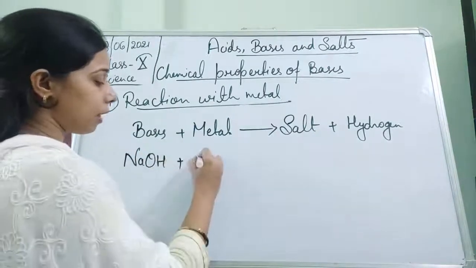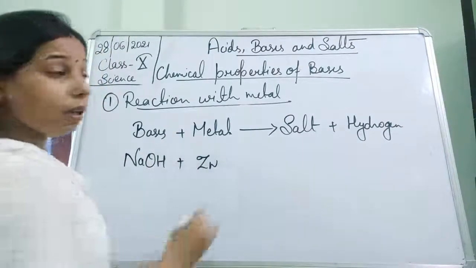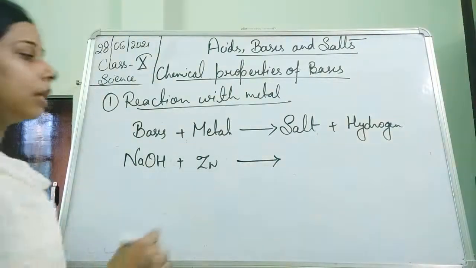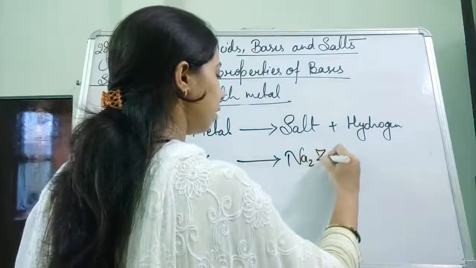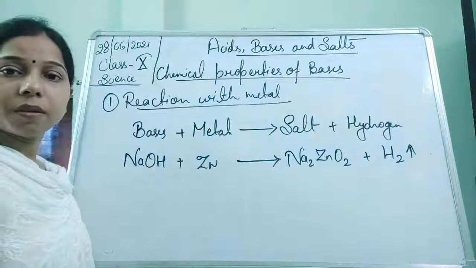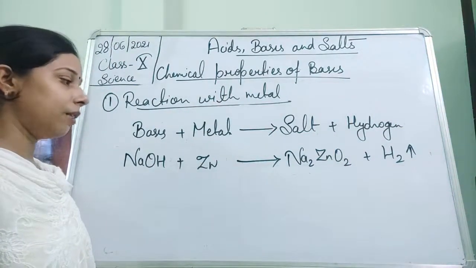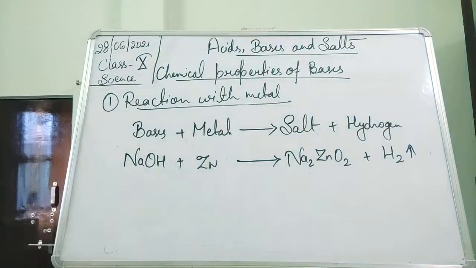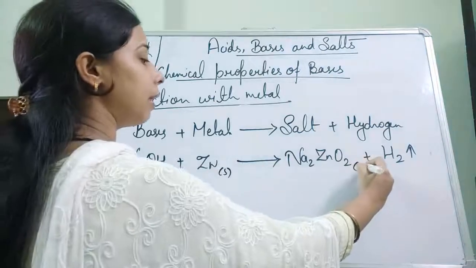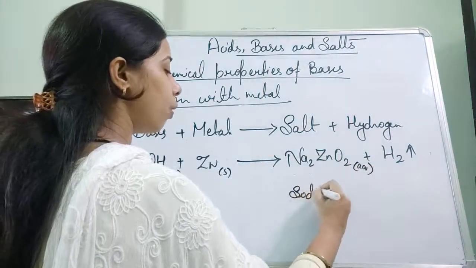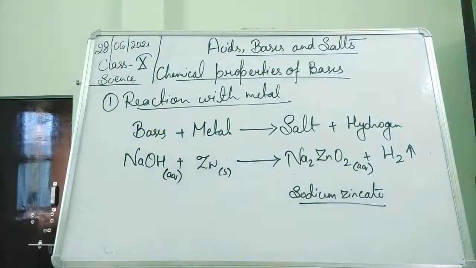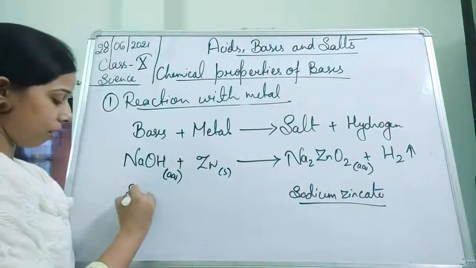When sodium hydroxide reacts with a metal like Zn, there is the formation of sodium zincate, Na2ZnO2, and hydrogen gas evolves along with it. Sodium hydroxide is in aqueous solution, zinc is in solid phase, and sodium zincate is in aqueous medium.